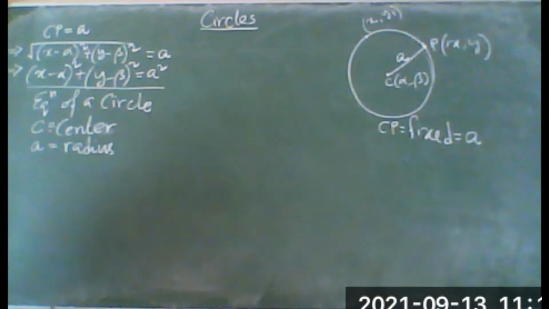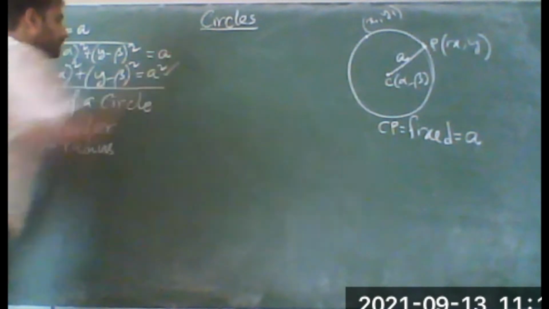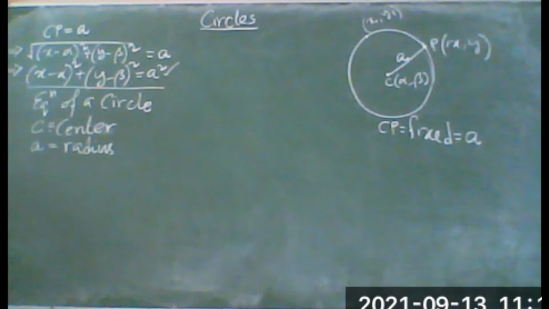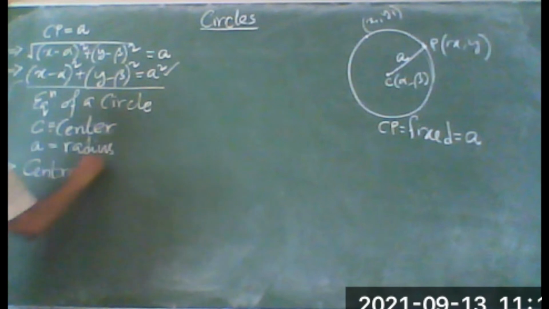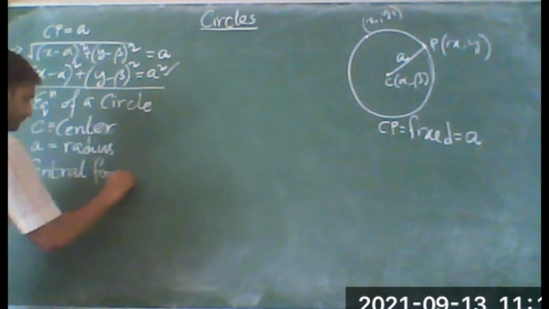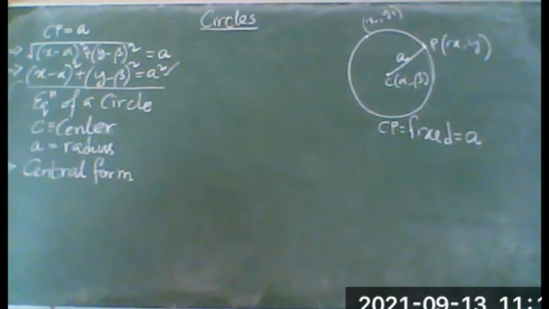So if the equation of the circle is in this form, then we can easily find the center and the radius of the circle. This form has a name, it's called the central form.